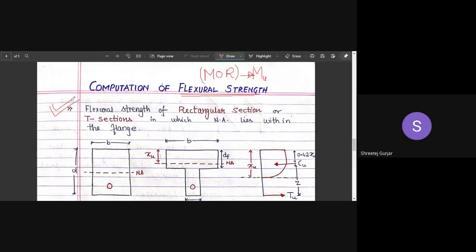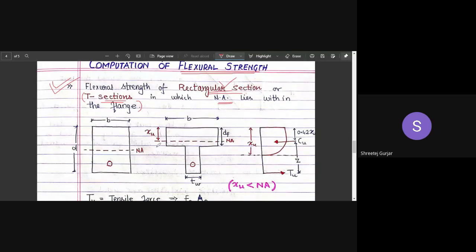First case is for a rectangular section or a T section, but in a T section, your neutral axis should lie within the flange. When your neutral axis lies within the flange, the T section will behave like a rectangular section itself, because your neutral axis, you can see in this figure, is in this flange.